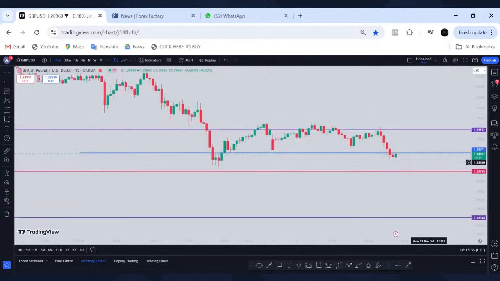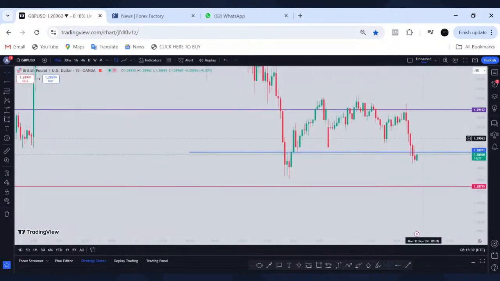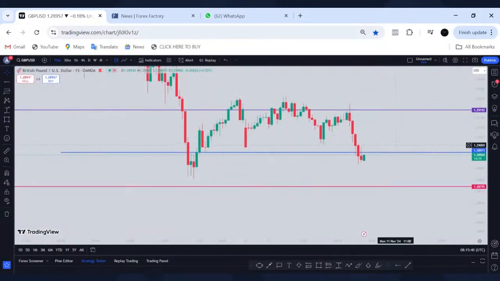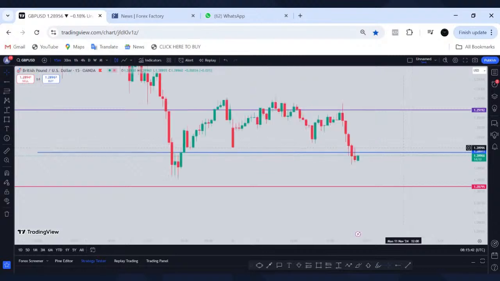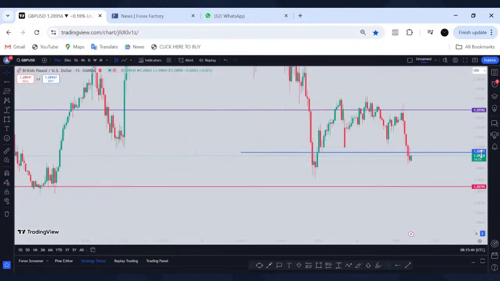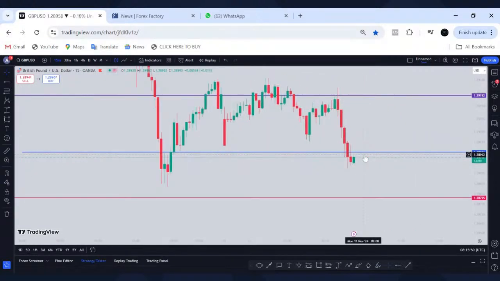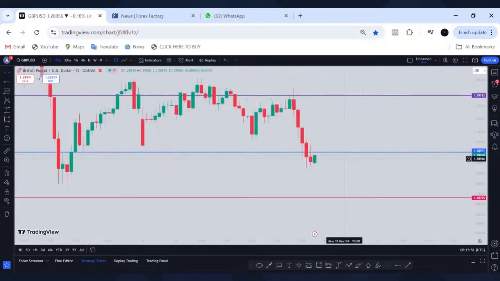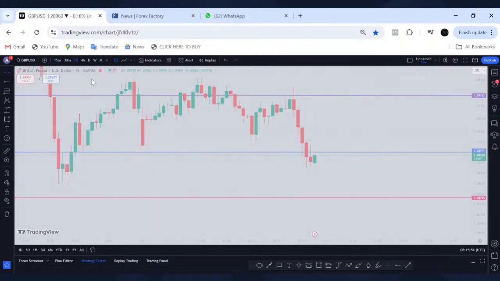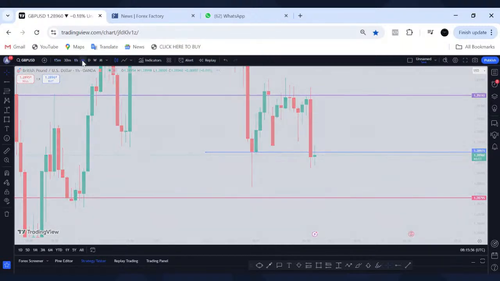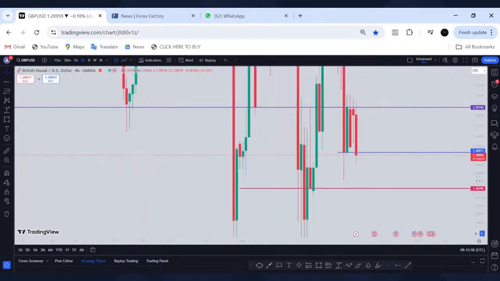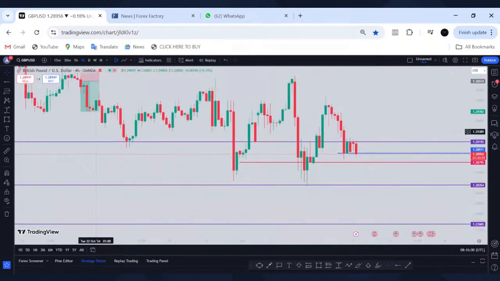My attention was on USD CHF, not on GBP USD. That's my favorite pair too, and it has really moved very, very well this morning.